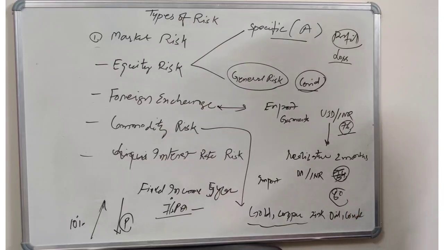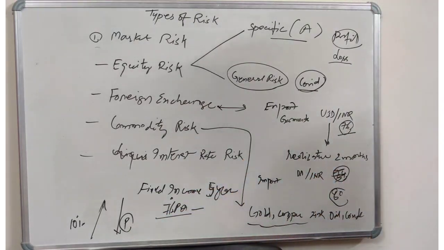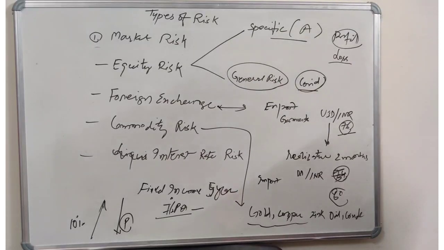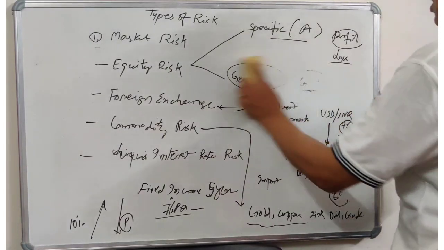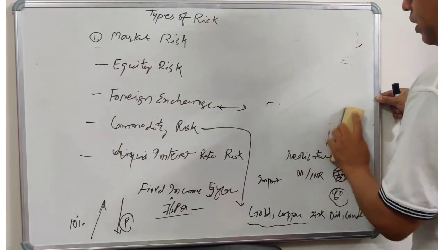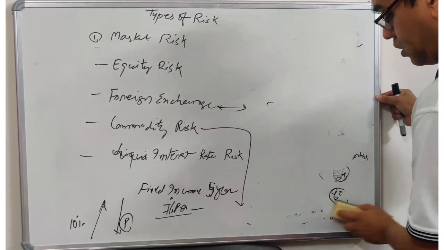Interest rate risk is not limited to interest rates going up and down. There can be interest rate risk related to a non-parallel shift of the interest rate curve. Let me explain how that affects the portfolio of a company or an organization.